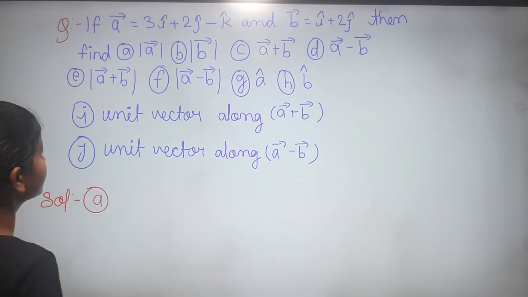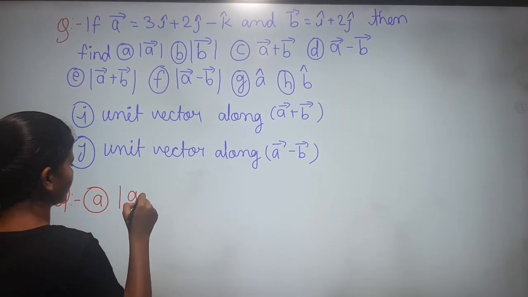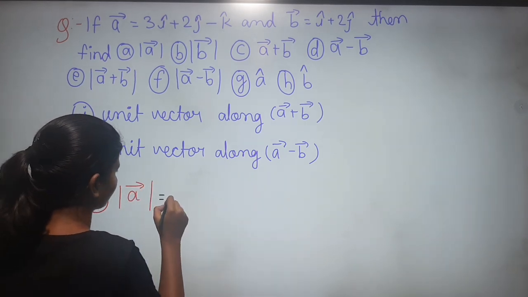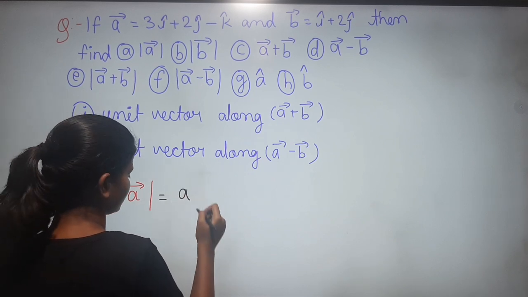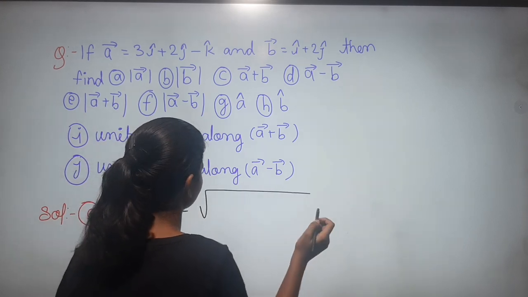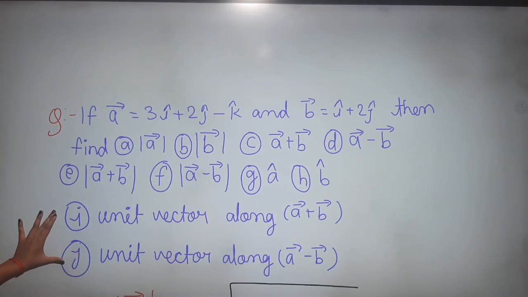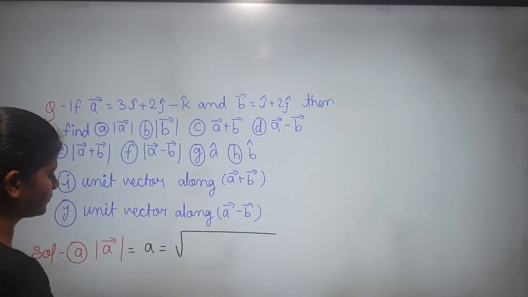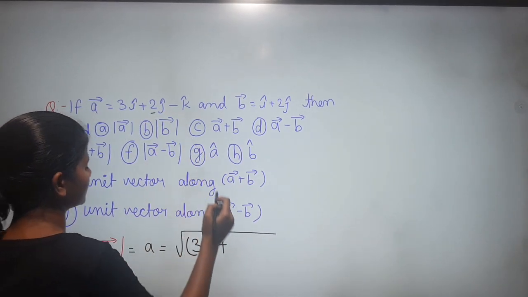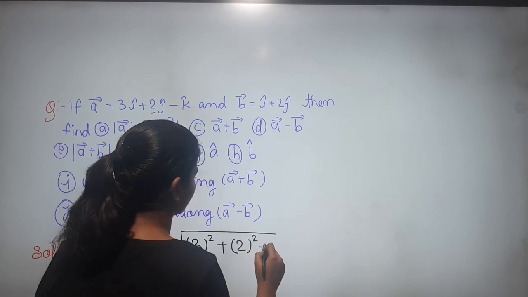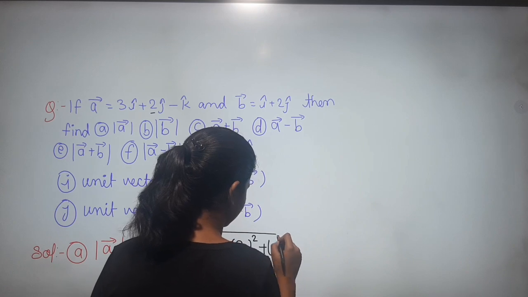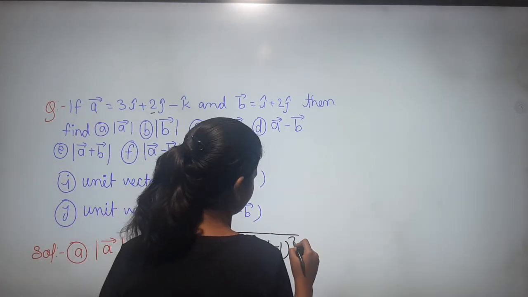First of all, we have to find the magnitude of A vector. You can also write like this: it is equal to root under the coefficient of i cap, 3 square, plus the coefficient of j cap, that is 2, square, plus the coefficient of k cap, that is minus 1, minus 1 square.